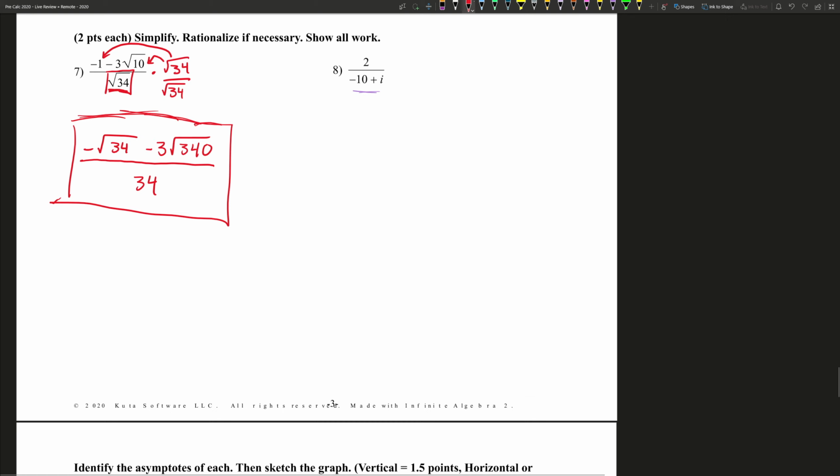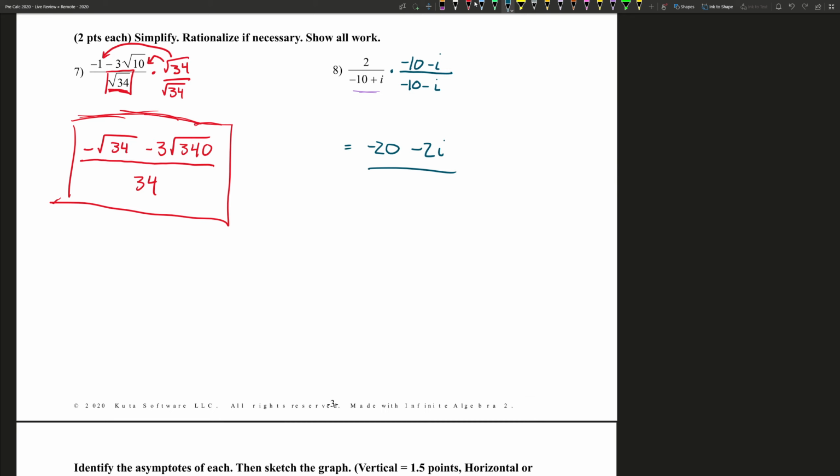Okay. On the right, on number 8, whenever you have a sum of 2 things, whether that be an imaginary number or a square root, we want to multiply by the conjugate. So we need to multiply by the conjugate of the denominator, which is negative 10 minus i. And we have to do that in the top and the bottom. Okay, when we do that, we get negative 20 minus 2i up top.